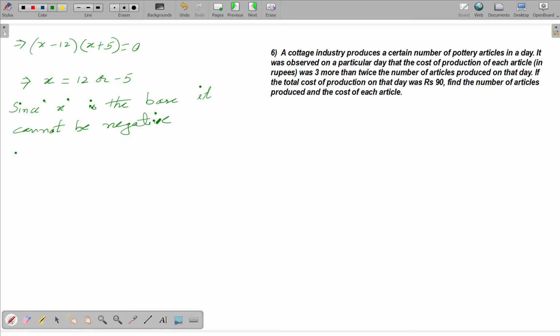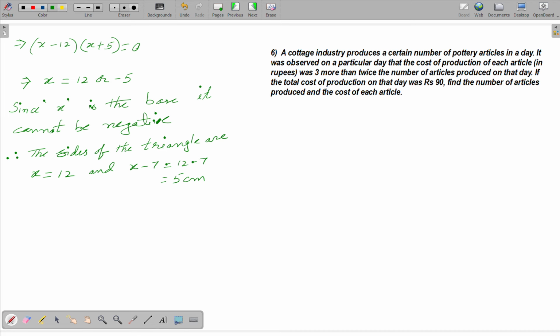Therefore the sides of the triangle are x is equal to 12, and x minus 7, that is 12 minus 7, is equal to 5 centimeter.